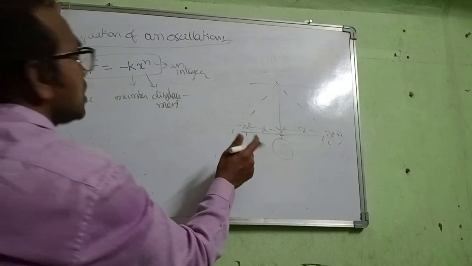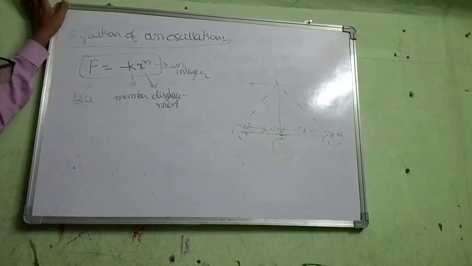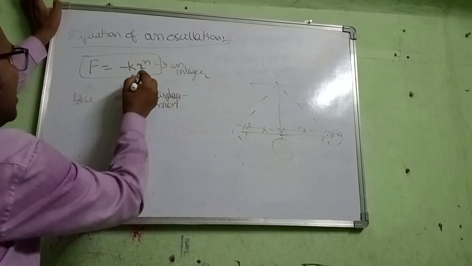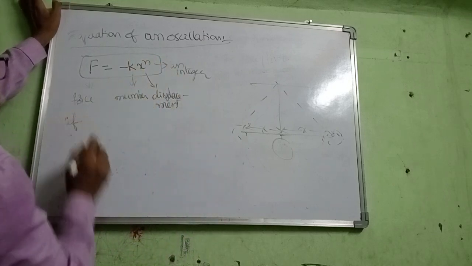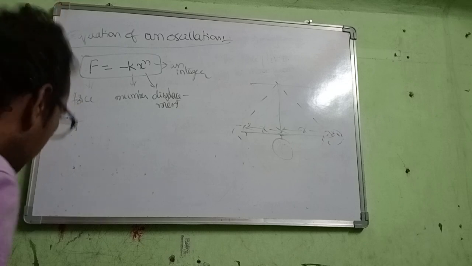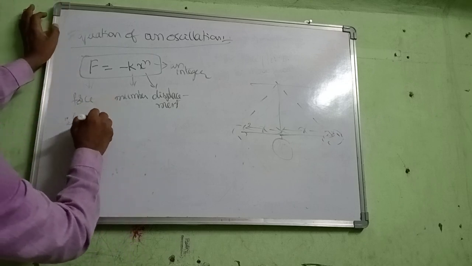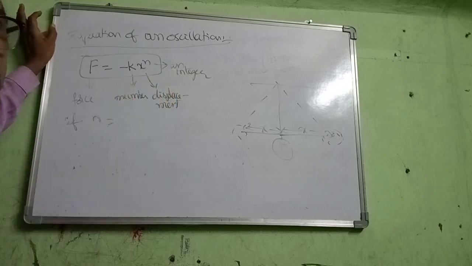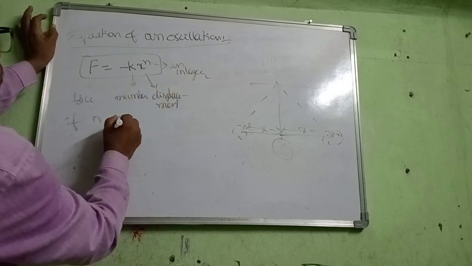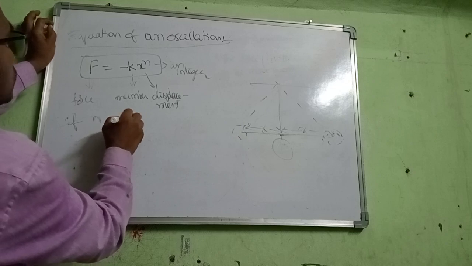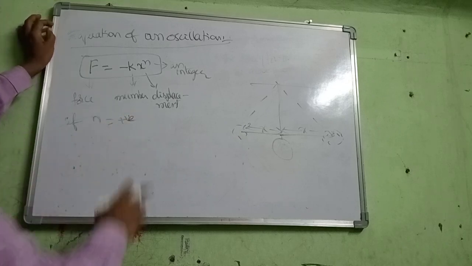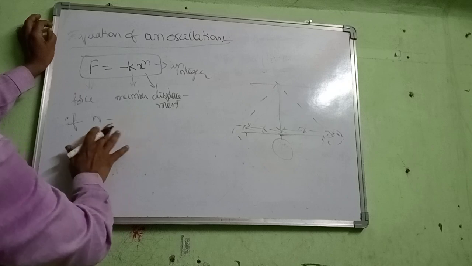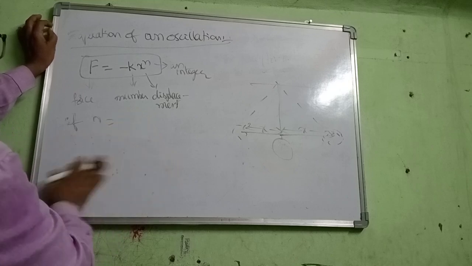So if you consider displacement, two cases arise. Integer means you can take plus or minus values. If n is positive, we can take n as even integers or odd integers.